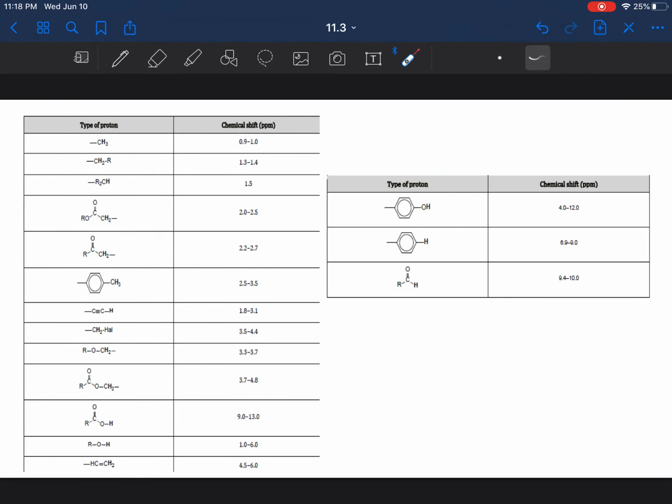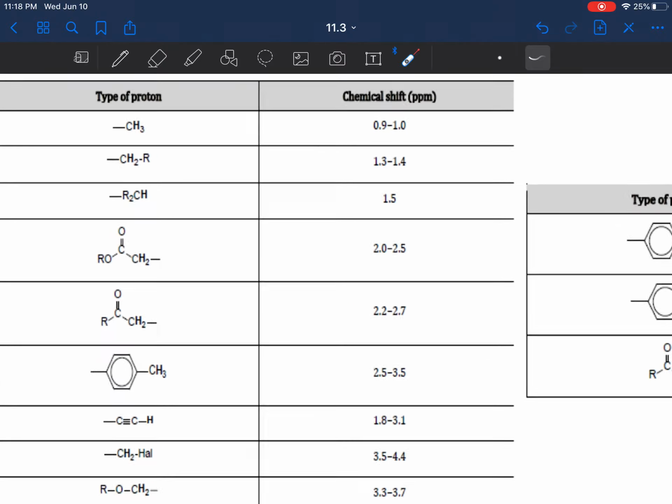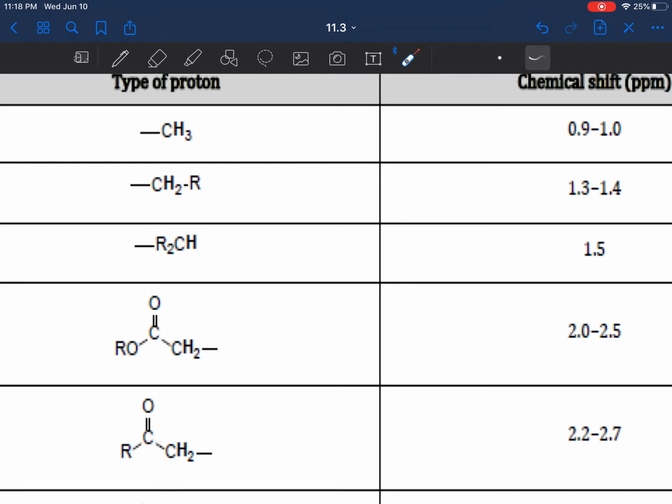Now, this page is not very well scanned, but if you were to zoom in, you'll notice that these H's are in bold, and this type of H environment is based on this peak. So if you're looking at a methyl group hydrogen, you'll see a peak around 0.9 to 1.0.